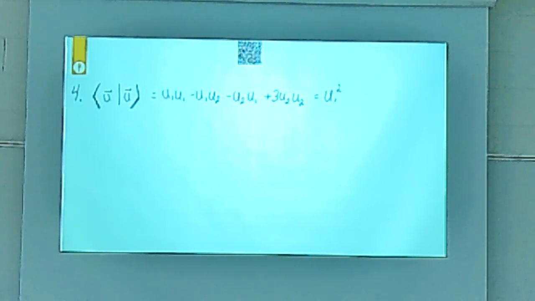U1 times U2, U2 times U1, they're the same. Minus 2U1, U2, and then plus 3 U2 squared.